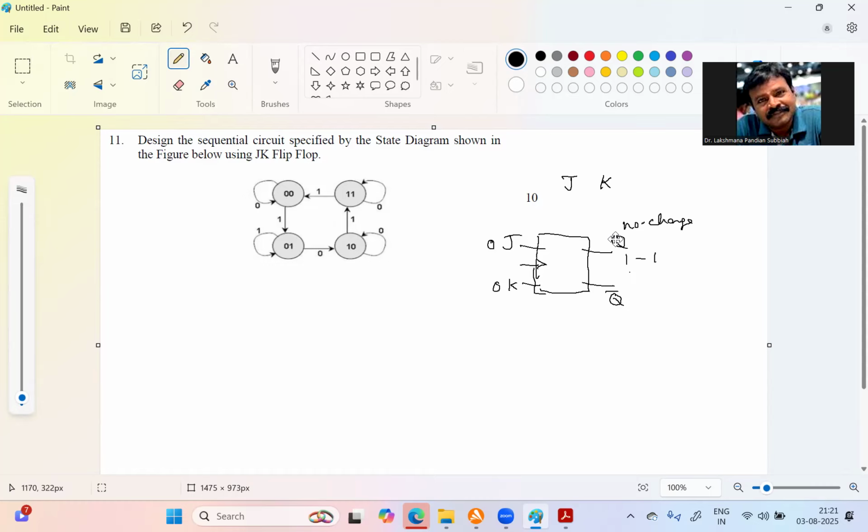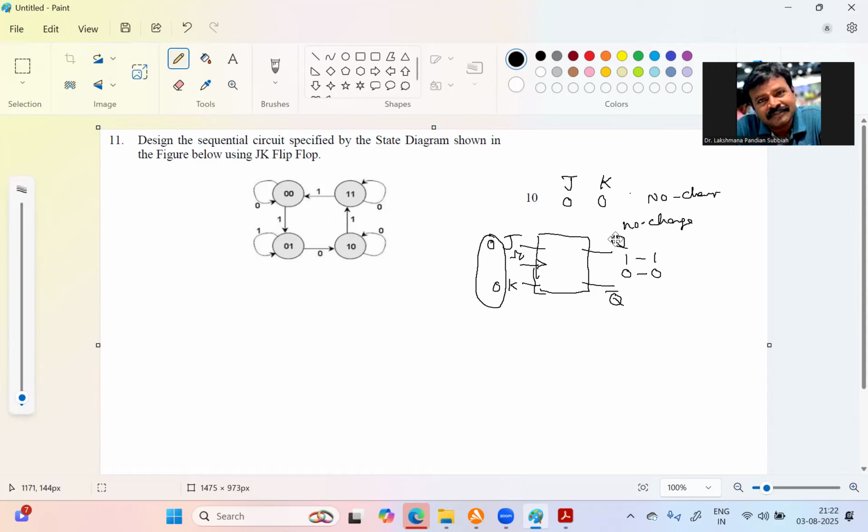If Q is already 0, it is retained as 0. There are only two states. So if you apply 0 0 and a clock pulse, there is no change in Q and Q bar. For JK flip-flop, input 0 0 gives no change; Q is retained as it is.